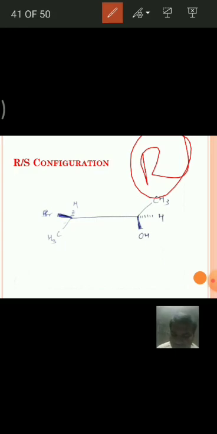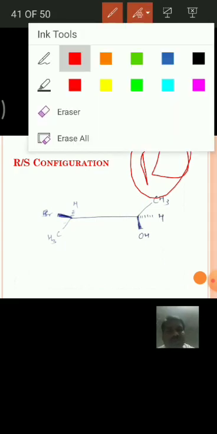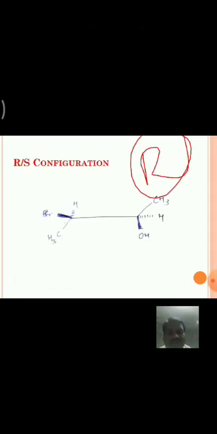And the next, if you observe some more examples, this is with wedge projection formula compounds, how to assign R and S configuration.